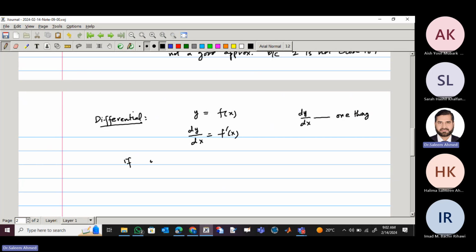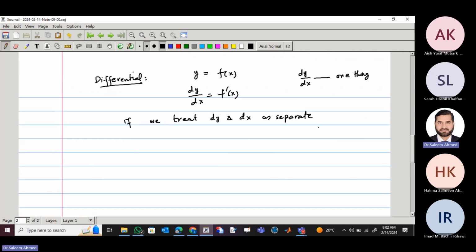But if we treat dy and dx as separate quantities, which are basically called differentials of y and differential of x, then we can write dy as f prime x dx.